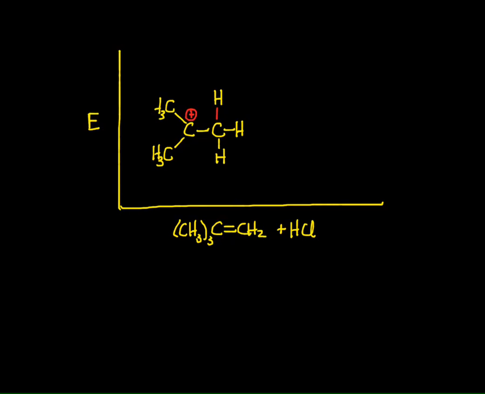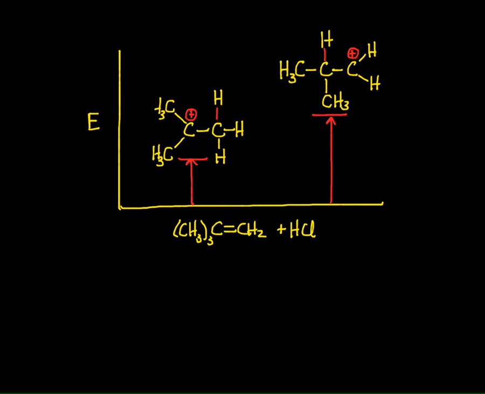And so we can actually plot energy versus the possible formation of that intermediate. And we see that for our tertiary carbocation intermediate, it's going to require a relatively small amount of energy. And for the formation of the primary carbocation intermediate, it's going to require more energy.